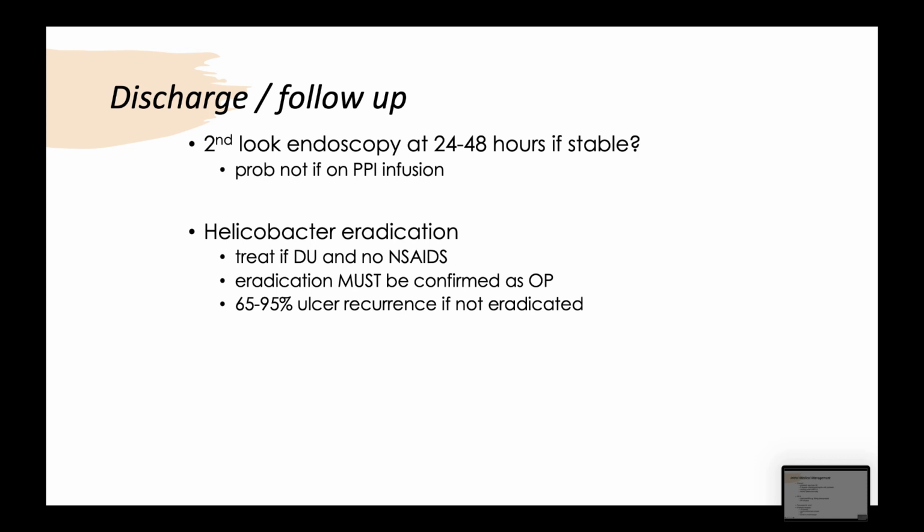And then you want to make sure to treat the cause of the peptic ulcer. So you want to eradicate the H. pylori if they're positive for that, and make sure that they don't take any form of NSAIDs.